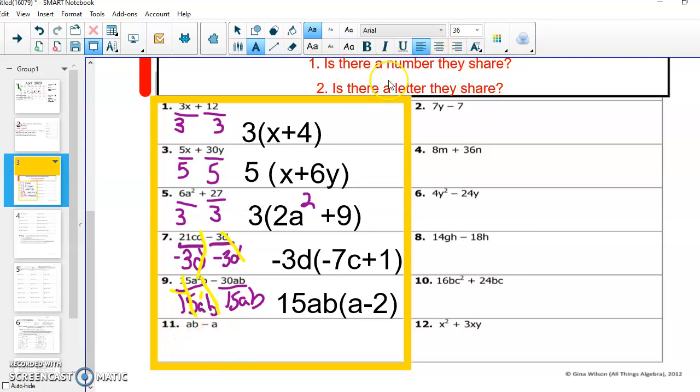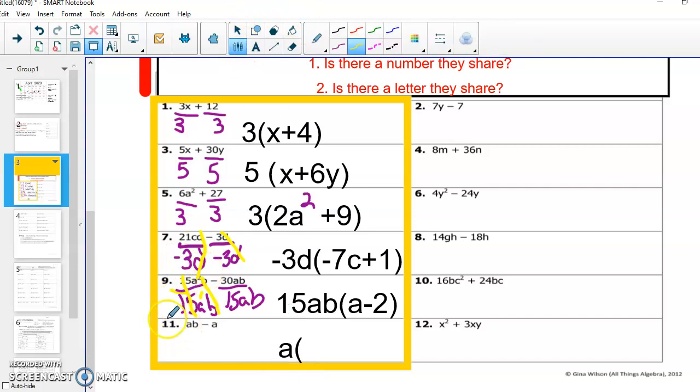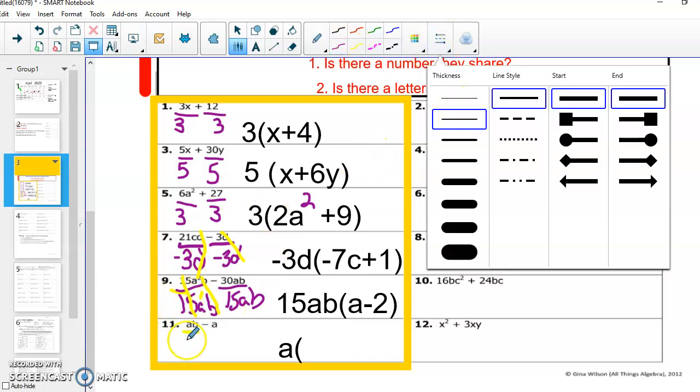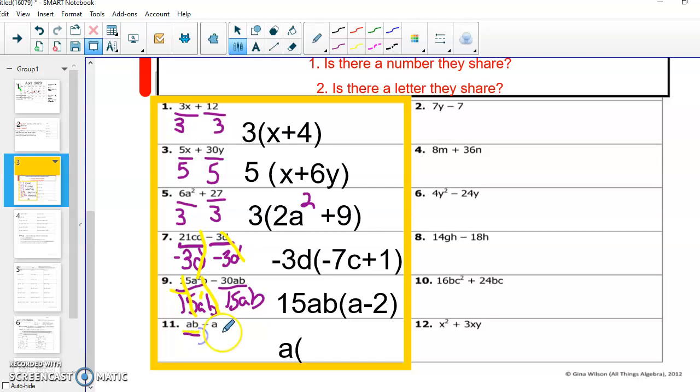So is there a number that any of our terms share in number 11? No, so there's nothing to take out in terms of numbers, but I do see that both of them share the letter A. So I know I can take an A out of both of my terms. So when I do that, I'm going to divide, again in a color that we can see, both of my terms by my common factor, that letter or number they both share.